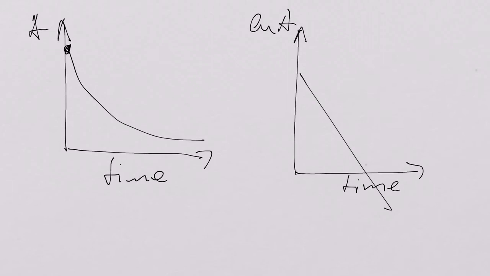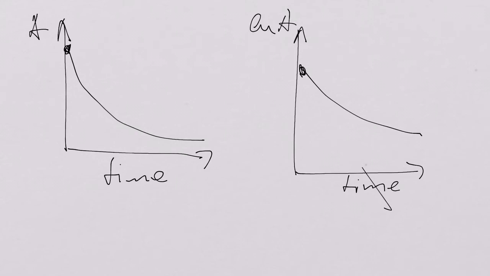Okay, let me quickly do this. What happens if I plot ln A versus time, and I get something like that? Loud? I can say it's not a first order, right?